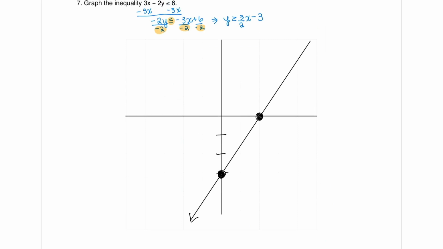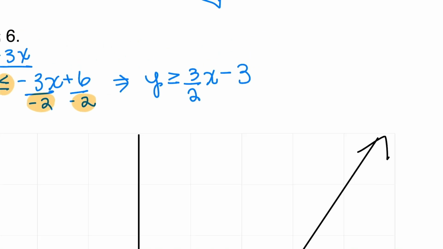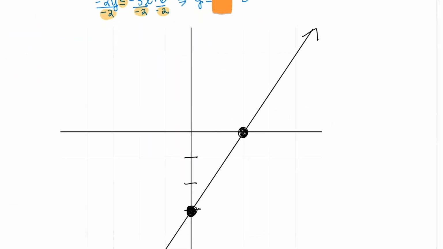Now, I want to show you guys a trick that has really helped me and my students understand where to shade. Basically, what you can do is you can cross off this portion just for a minute. And you want to look at the y-axis and find out where the values are greater than or equal to negative 3. So if negative 3 is here, are the values up here or down here greater than negative 3?